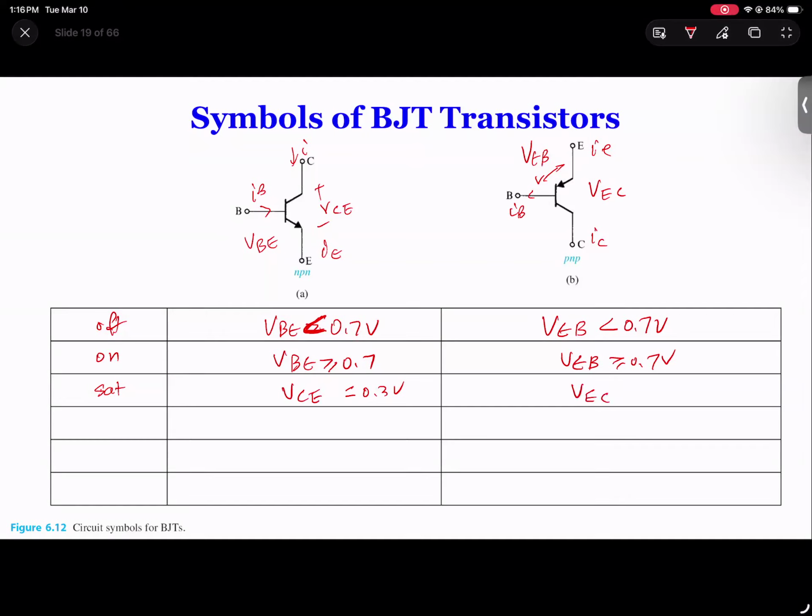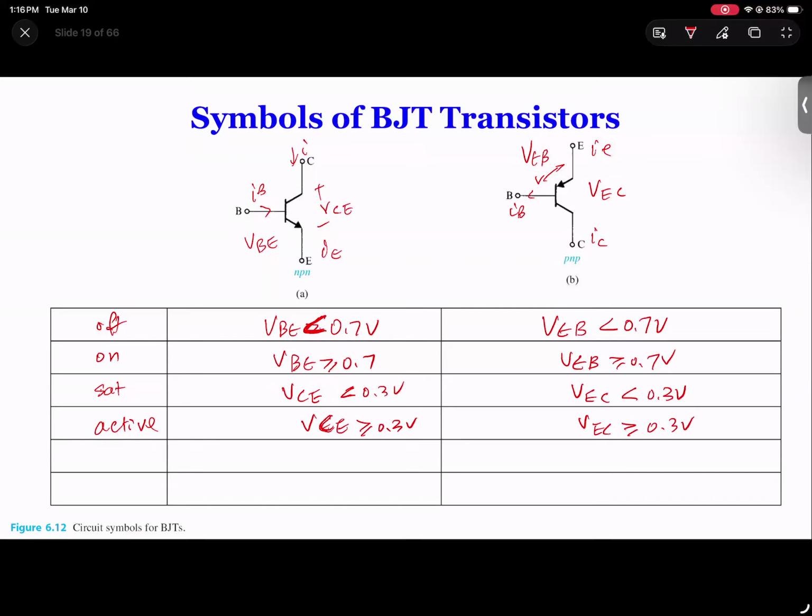VEC is less than 0.3 volts. And in active mode, it's just opposite. So VCE larger than 0.3 volts, and this is VEC larger than 0.3 volts.